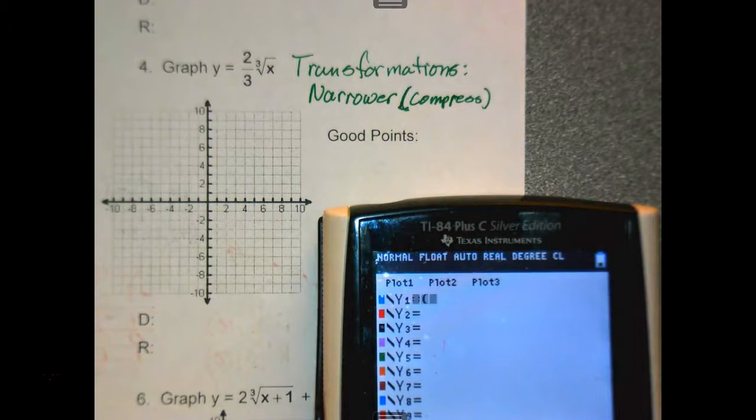Well, first put the fraction in. 2 divided by 3 in parentheses. And then everybody remember the cube root? Hit the math key. And 4 brings up the cube root. And we have the cube root of x, close parentheses, and graph.